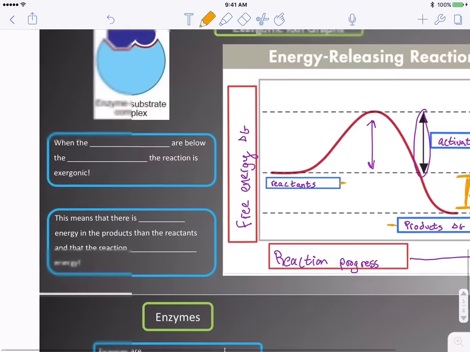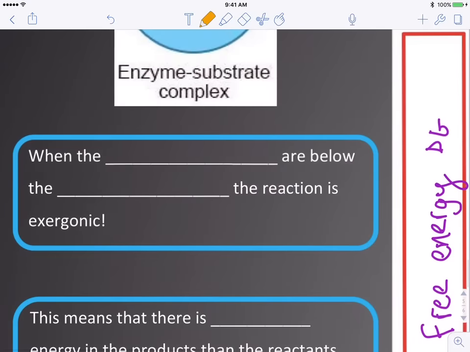So we can put this into text: when the products are below the reactants, the reaction is exergonic.